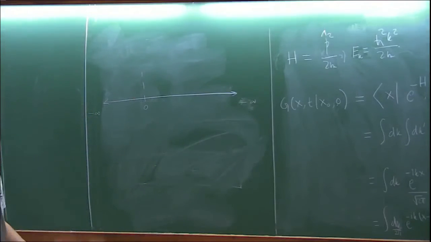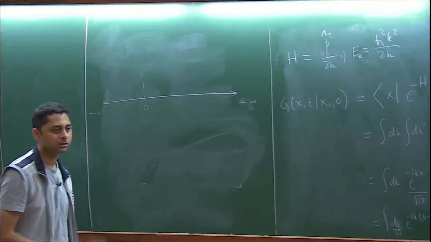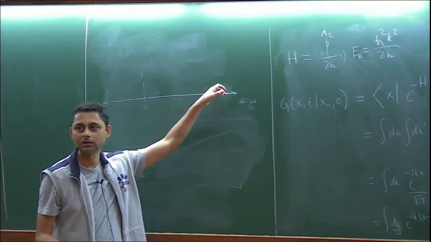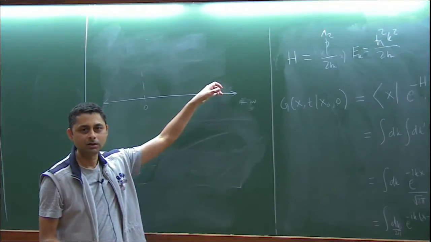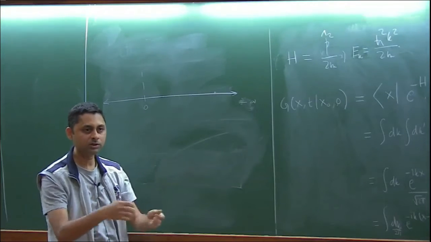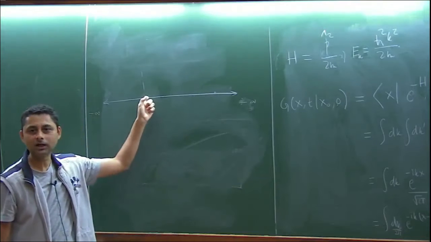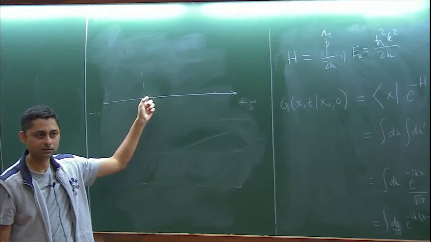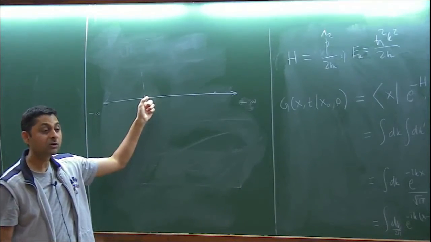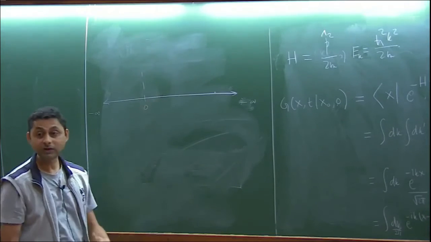There's some deadly chemical released here, and these molecules are just diffusing. Whenever this chemical reaches here, you die. Then you might ask, how long does it take for me to die? Or how long do I survive?